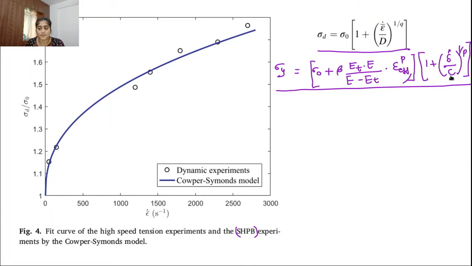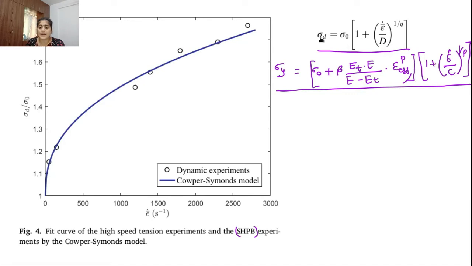In my equation from the first slide I have used C and P, and in this paper they used D and Q. This is just symbolic. These D and Q are called strain rate dependent parameters or Cowper-Symonds model parameters, and C and P are the same.